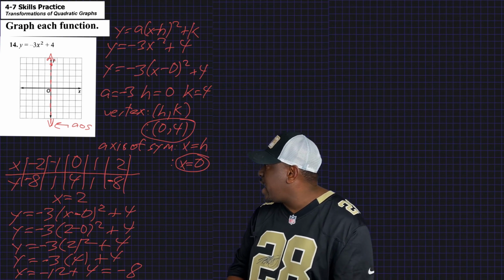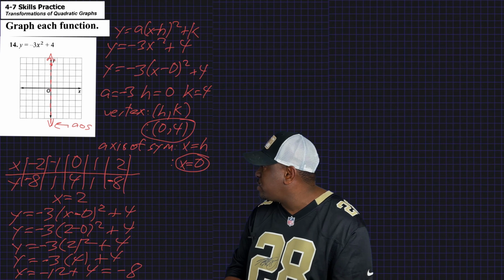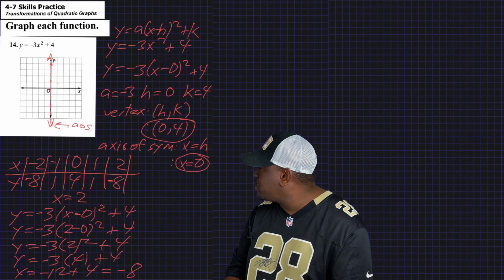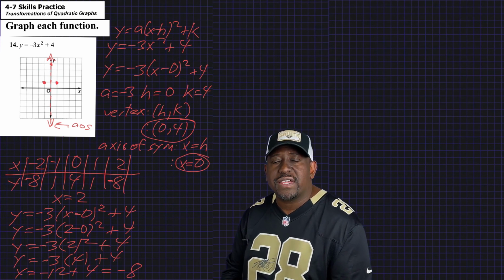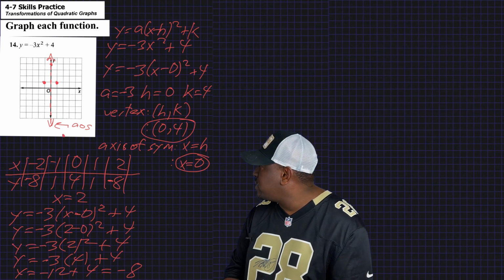So we're at a point now where we can graph our points and be done with the problem. So we're first going to graph, let's see, what does the NOLA Mathman do? He does the positive values, so he does (1, 1), he does (negative 1, 1), and then we're going to graph (2, negative 8), and graph (negative 2, negative 8).